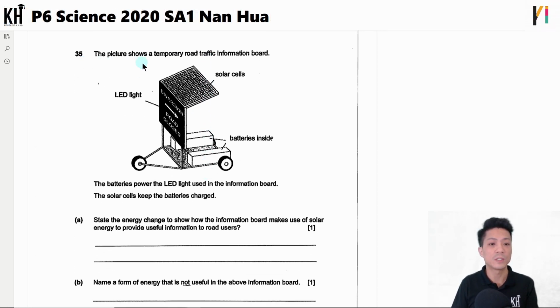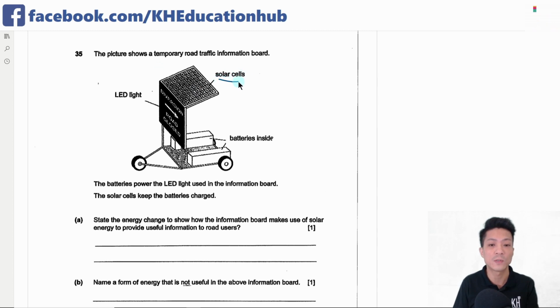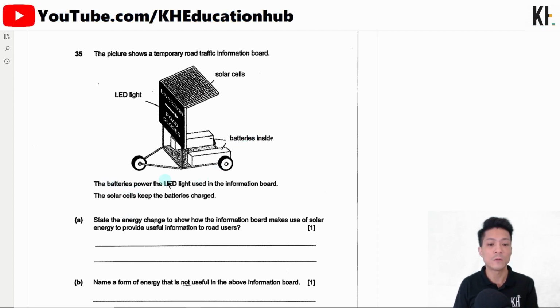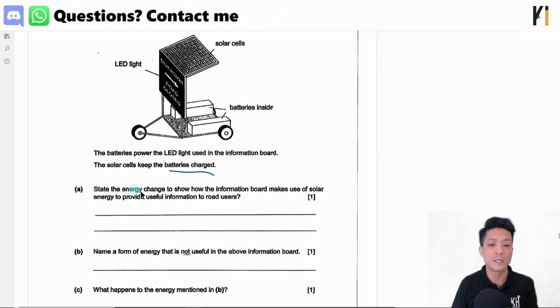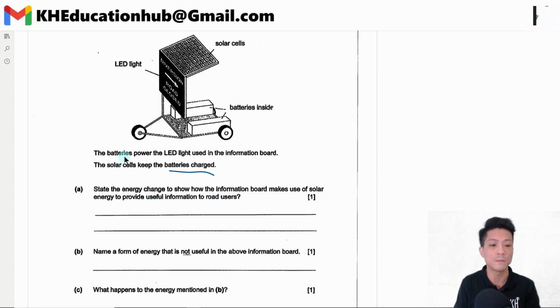Question 35, the picture shows a temporary road traffic information board. The board is made up of solar cells, there's LED light, and there are also batteries inside. The batteries power the LED light used in the information board. The solar cells keep the batteries charged. For part A, we need to state the energy change to show how the information board makes use of solar energy to provide useful information to road users.